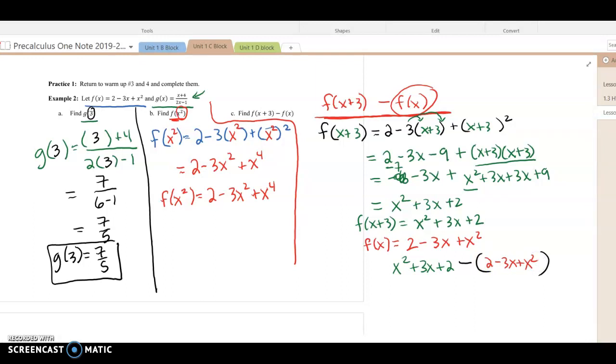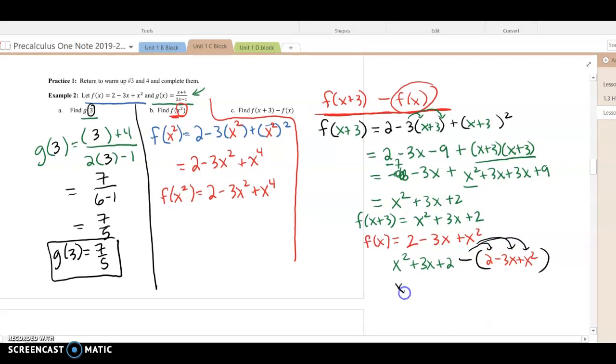When we distribute the negative, we get x squared plus 3x plus 2 minus 2 plus 3x minus x squared. Now our x squareds cancel, and our 2's cancel, so in the end, we just get 6x as our final answer.